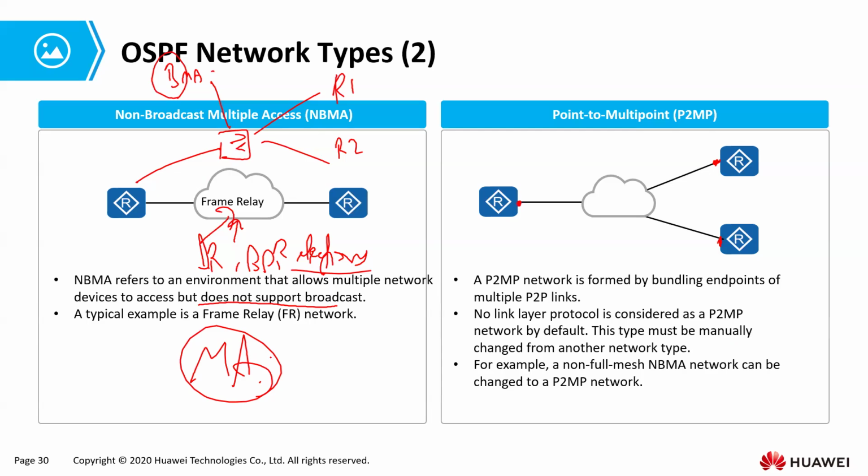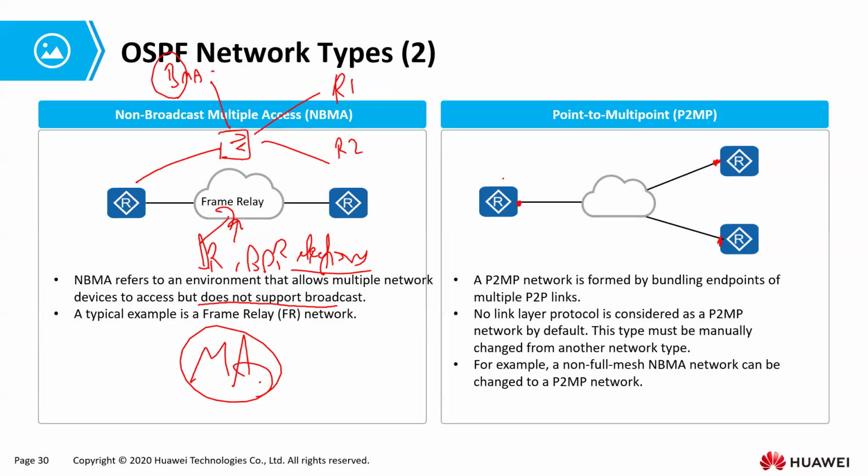We go to the point to multi-point. It looks similar to point to point, but we now have multiple point to point links. One router connects to multiple routers in a point to point manner.